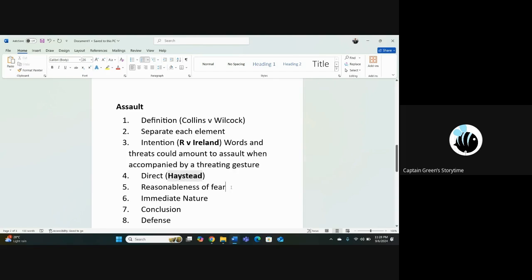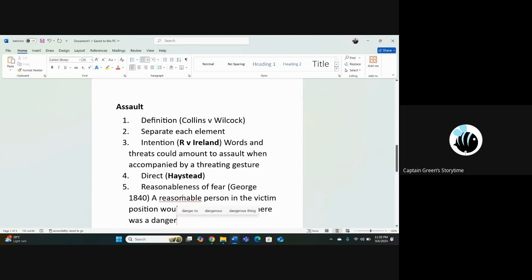Then coming towards our third element, which is reasonableness of fear. Use the case of George 1840 and write its ratio that a reasonable person in the victim's position would have thought that there was a danger.